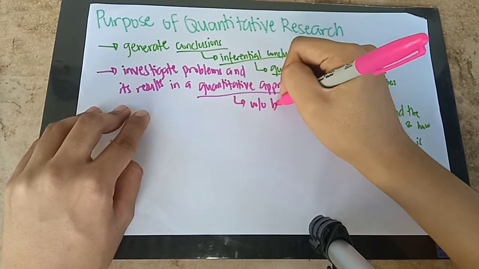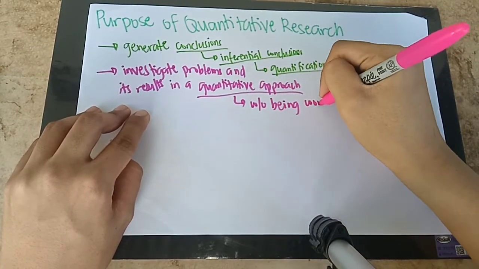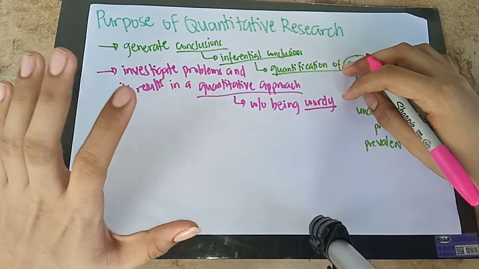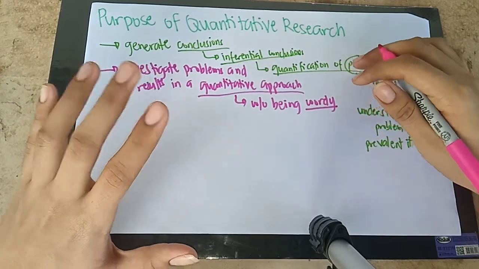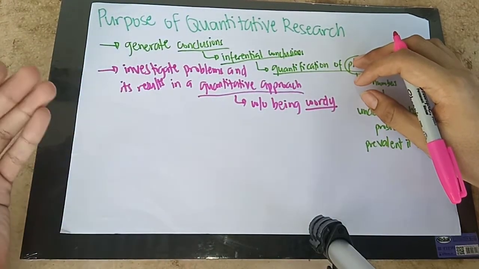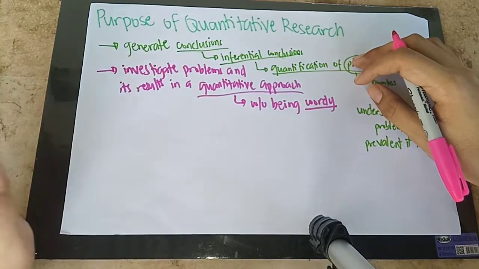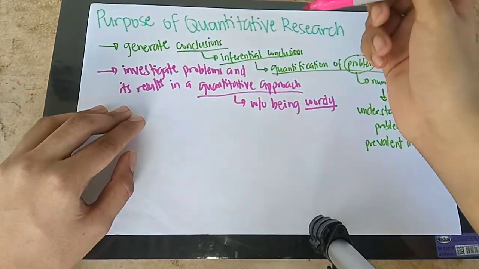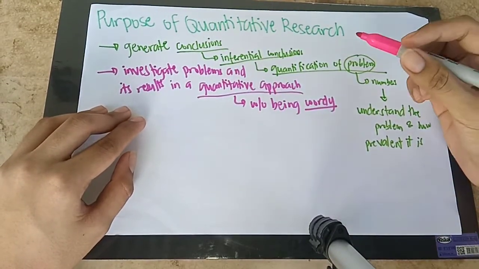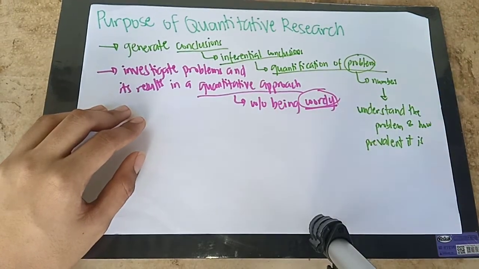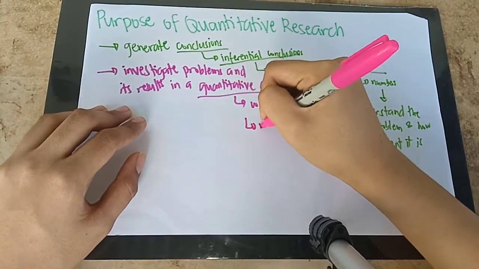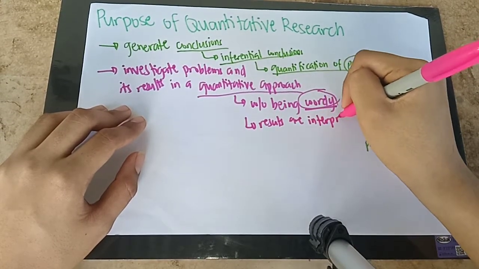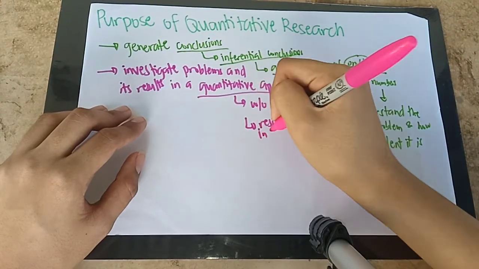Without being wordy, because believe it or not, being wordy is such a boring task. It is very boring for a certain individual to read and read without comprehending what he or she is reading, right? So the general purpose is to investigate problems in a quantitative approach in which it avoids being wordy. Meaning, the results are interpreted in numbers.